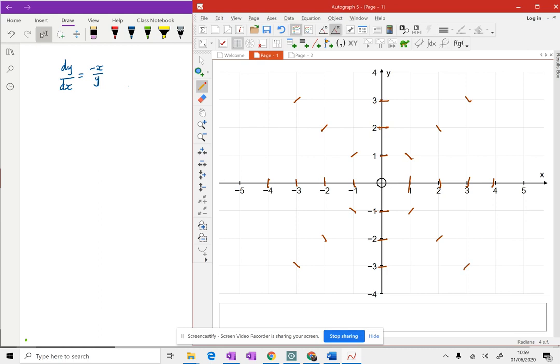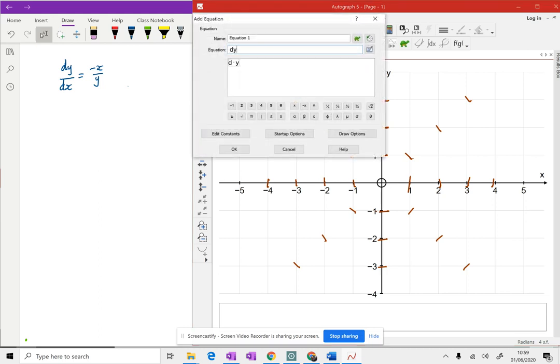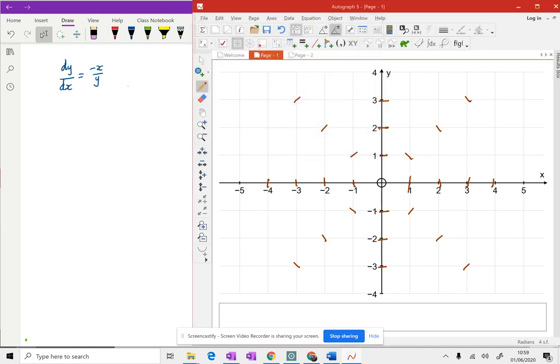Now I can ask the machine to do this for me. If I type into it the equation dy by dx is equal to minus x divided by y, this will find little compass needles, little gradient directions for lots of points.